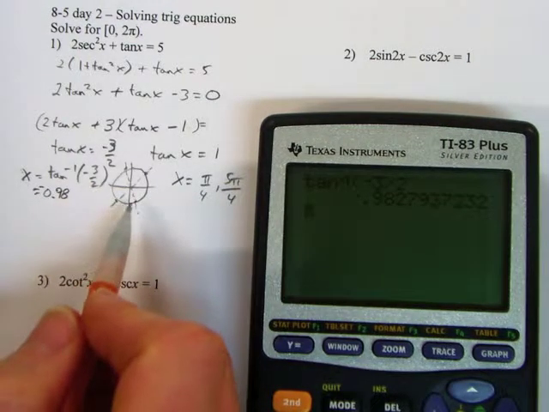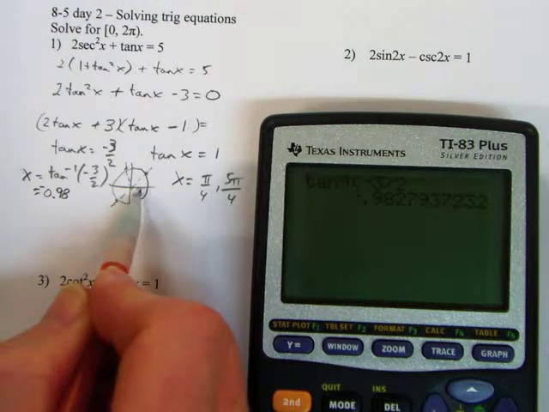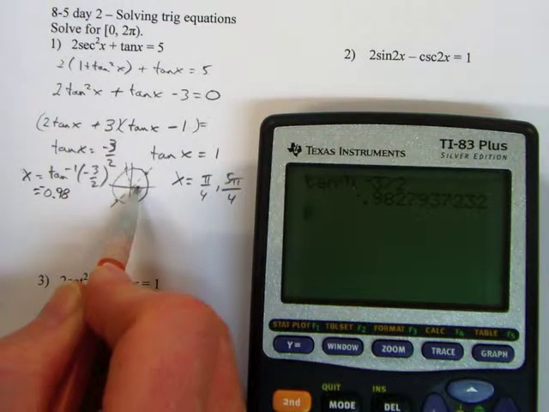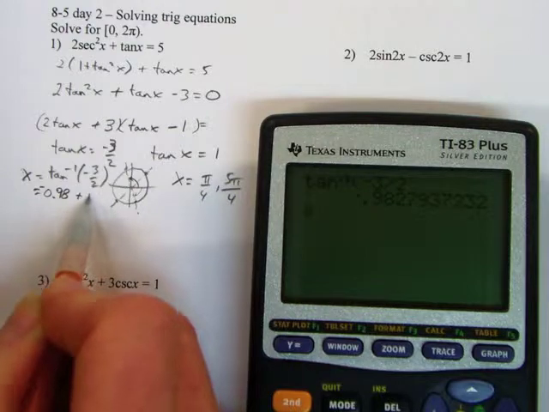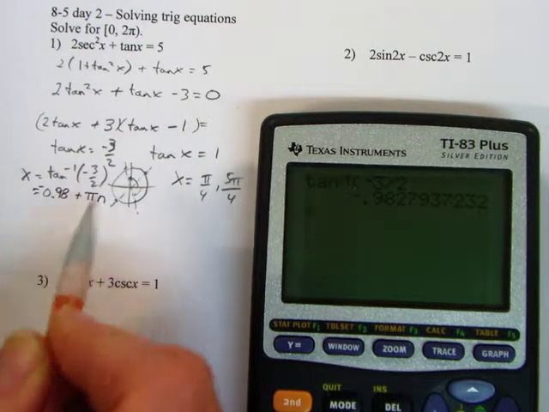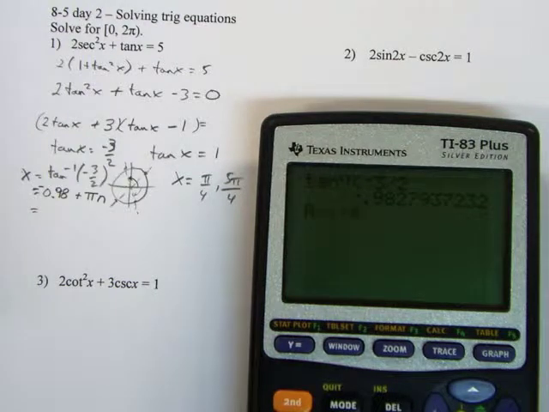Now, remember, what's the period? So that what it gave us is this thing here. And what we need to do is we need to find it going all the way up. Well, how do you do that? Remember, what's the period of tangent? It is pi. So we can just say plus pi n, and on our calculator, you can just hit the plus button, and then second pi, and hit enter.